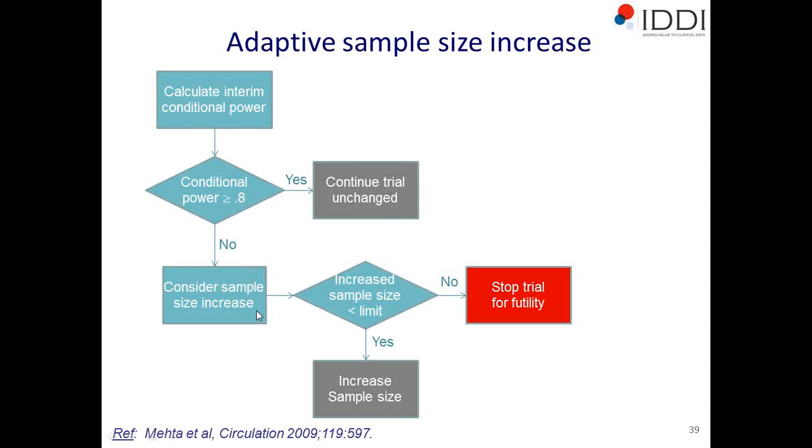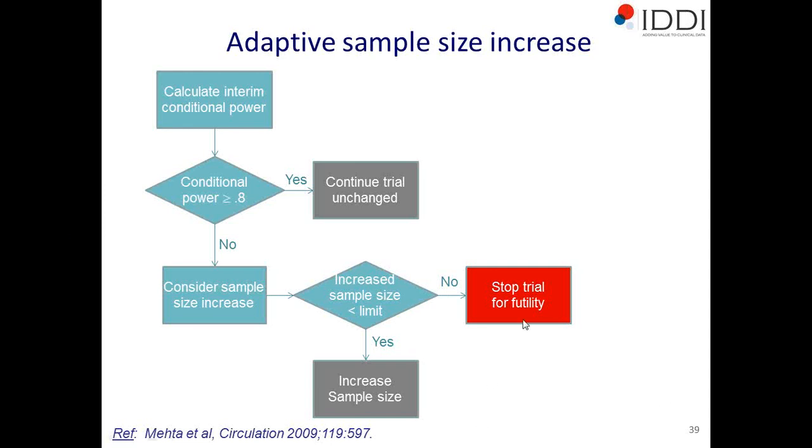Now, you can put yourself a limit. For instance, you don't want to enroll 800 patients. So let's say that if you plan 200 patients and you have to double this number, you can see whether your increased sample size is below this limit. If yes, you increase your sample size and you continue.